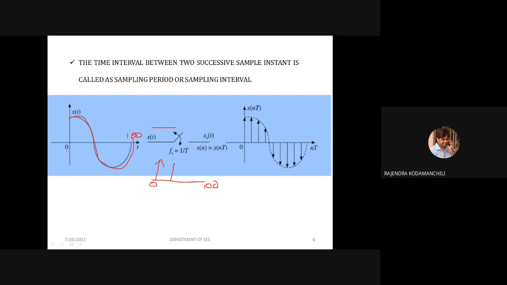At 0 the switch is on, at 10 the switch is on, at 20 the switch is on, up to 100 we turn on the switch. Between 0 and 10 the switch is off. At 10 the switch is on, we get the corresponding output; at 20 the switch is on, we get the corresponding output. This is the process.